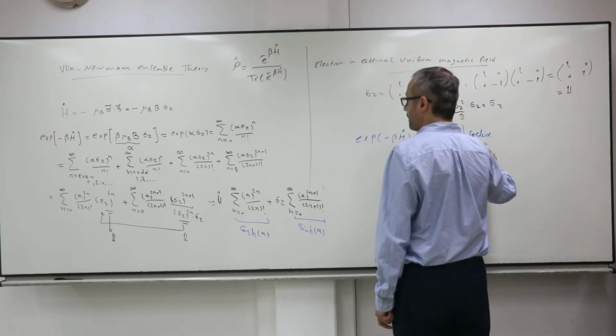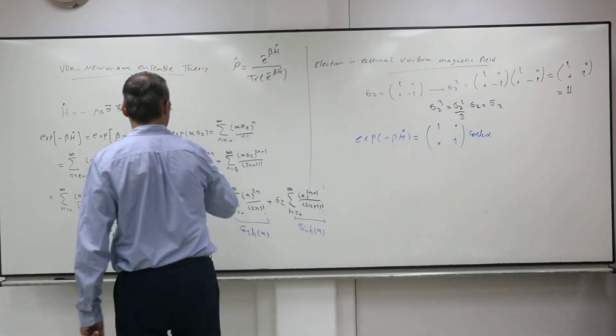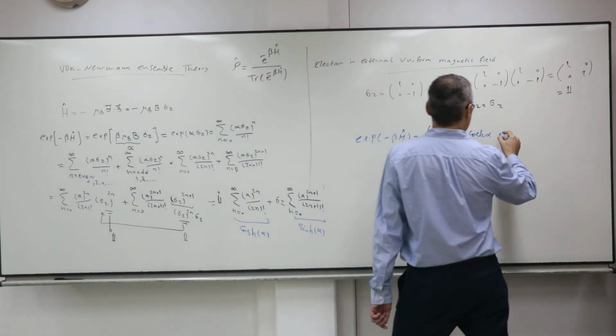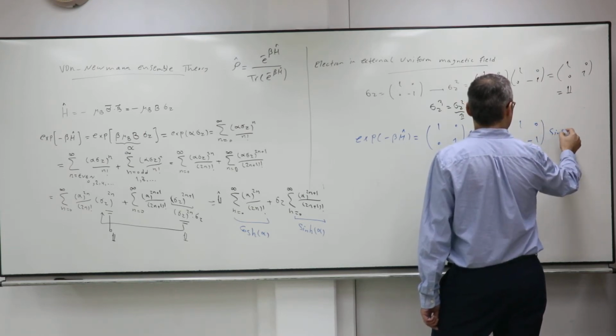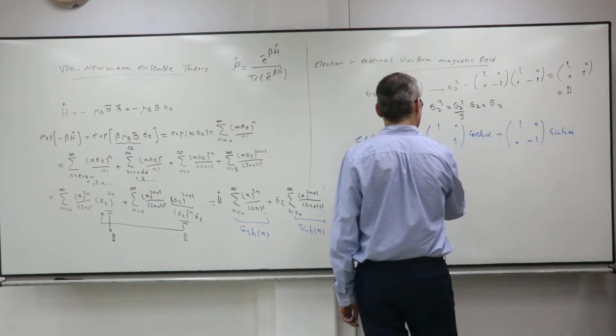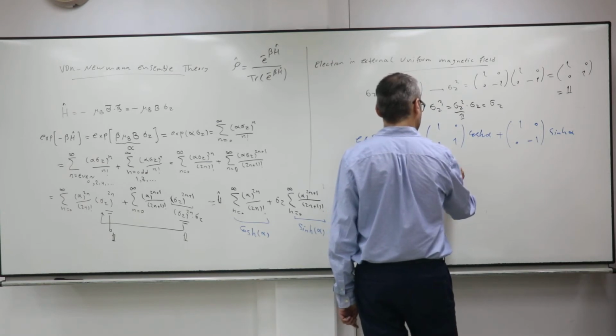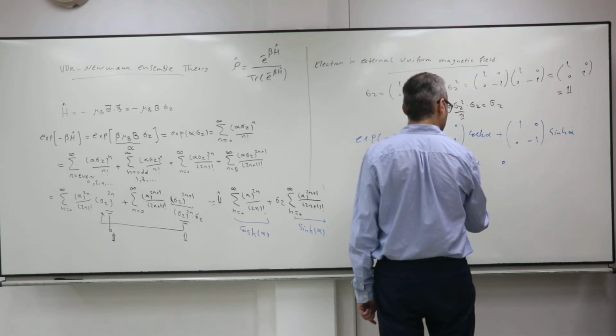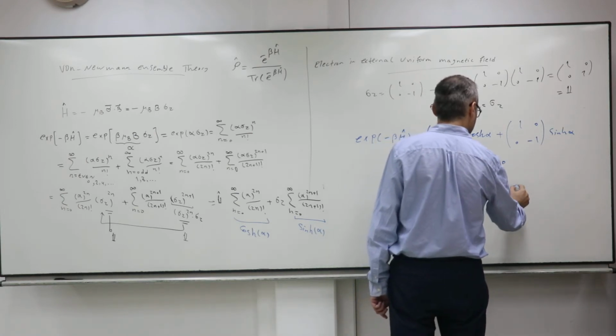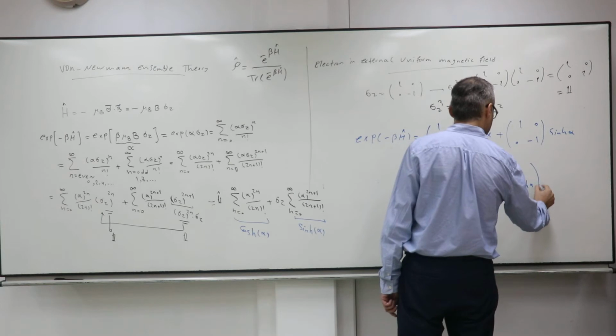I know what the alpha is, I defined it. Plus the matrix 1, 0, 0, minus 1 times sine hyperbolic alpha. I don't think you need more algebra because it's easy to just combine these two together.